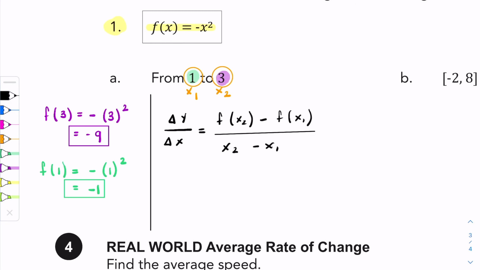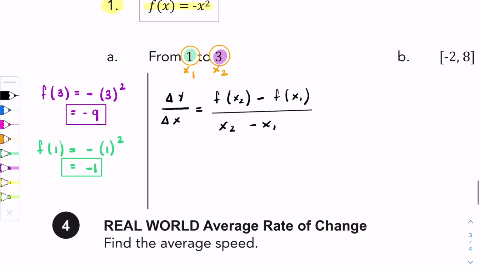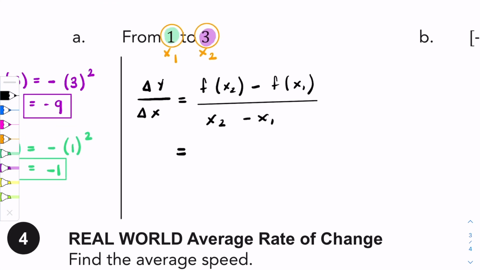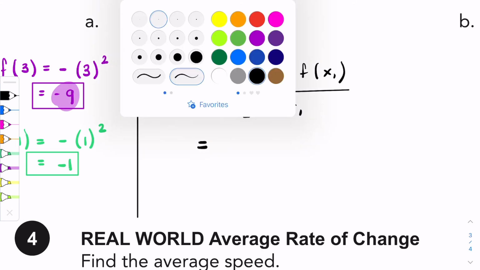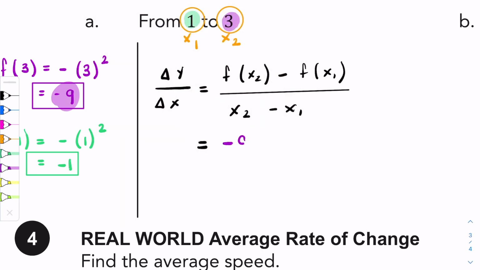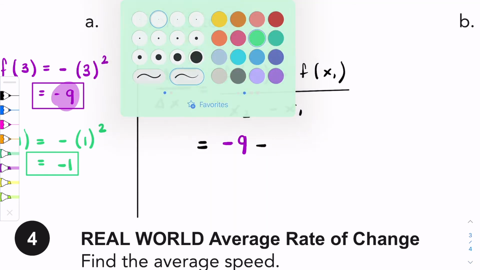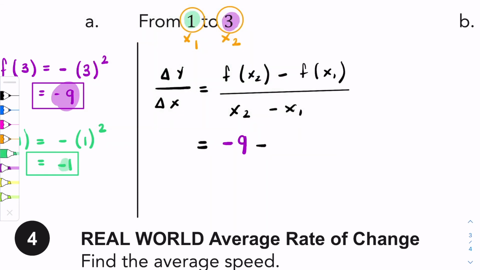All right, that's just the equation that we're filling in. So if we actually fill that in, we know that f of x sub 2 is equal to negative 9. We know that f of x sub 1 is equal to negative 1.